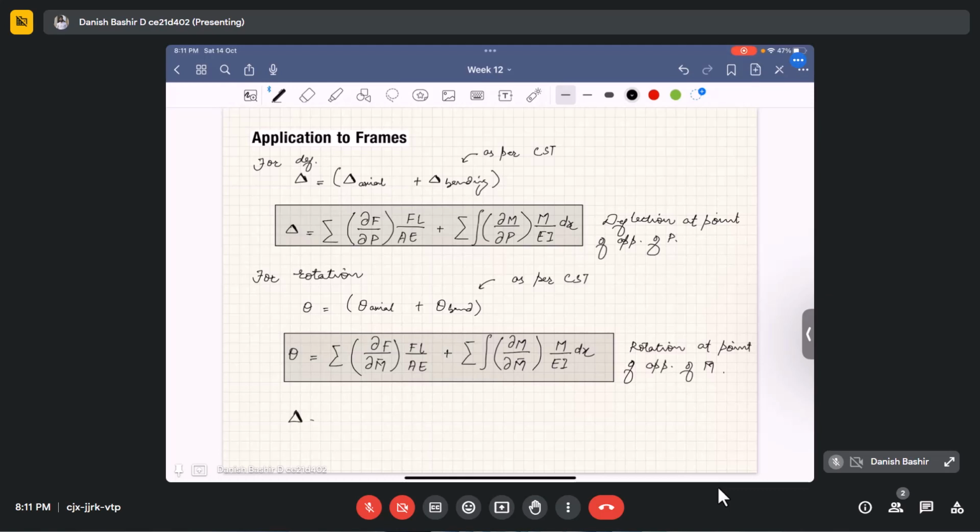You can directly write deflection as the summation of the integral of dou M by dou P times M by EI dx, and theta as the summation of the integral of dou M by dou M bar times M by EI dx, considering only bending deformations, because axial deformations are negligible.